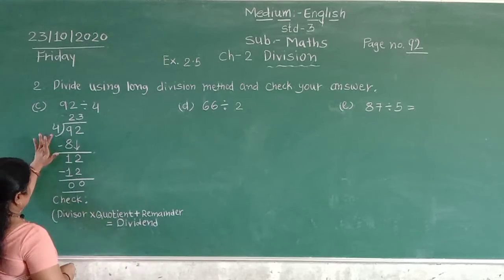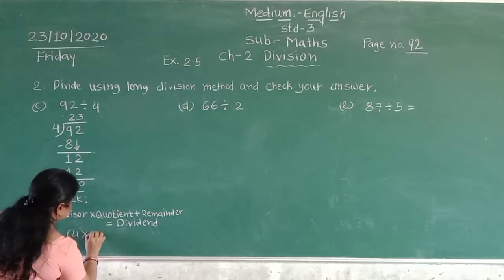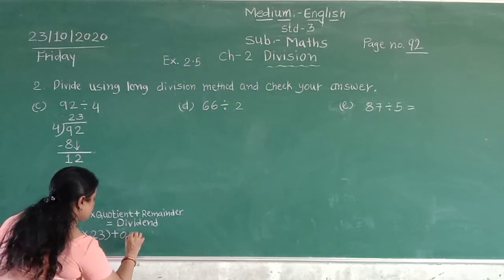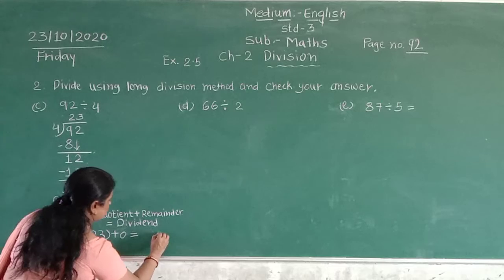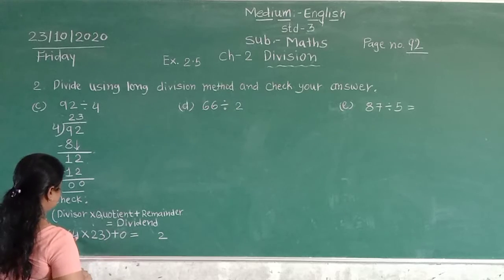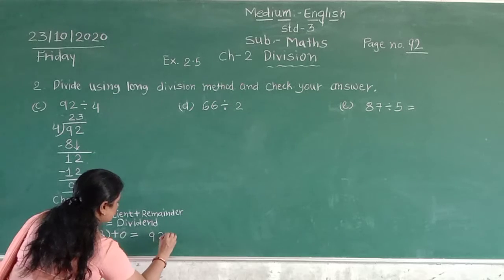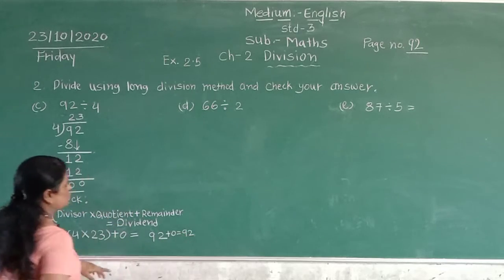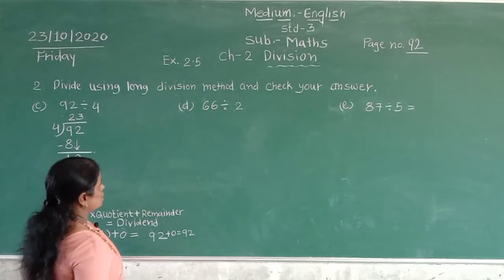Now 4 is the divisor, multiply 23 plus remainder 0 equal. 4 3s are 12. 2, 1 carry over. 4 2s are 8. 8 and 1, 9. 92 plus 0 equal 92. Here 92 and here also 92. So our sum is correct.